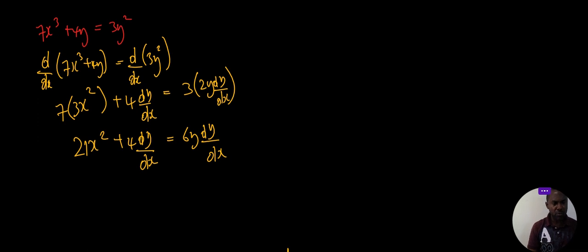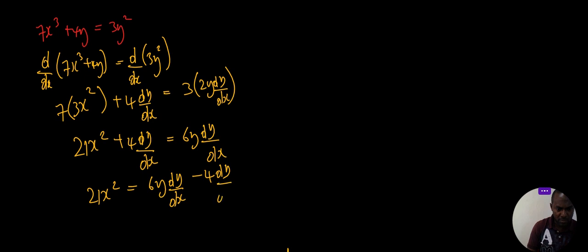And so basically we must group all our dy by dx on the same side, so we can bring this one across. You get that 21x squared is equal to 6y dy by dx minus 4 dy by dx. So now we have the dy by dx terms on the right hand side. We can factor out dy by dx.